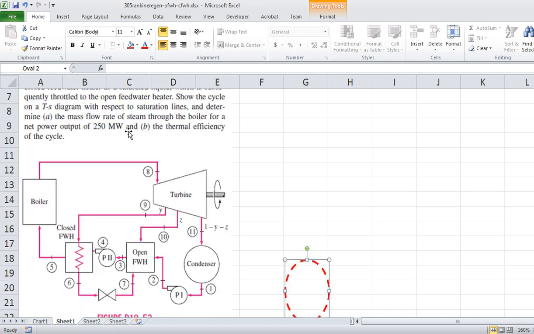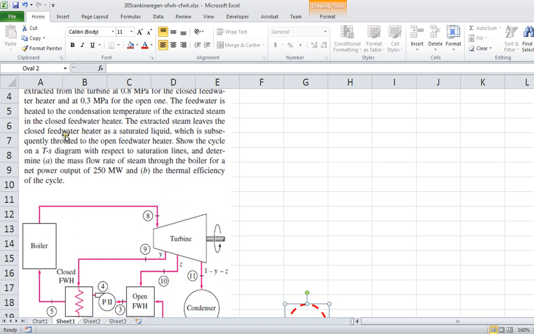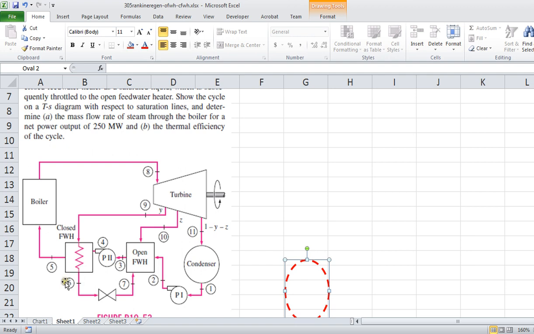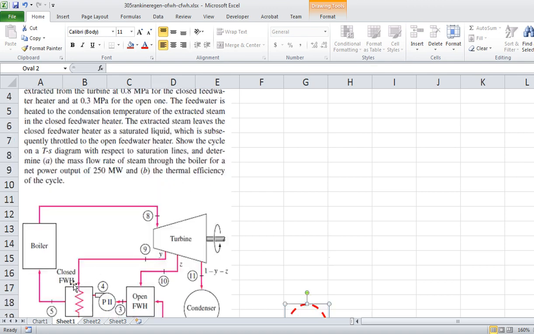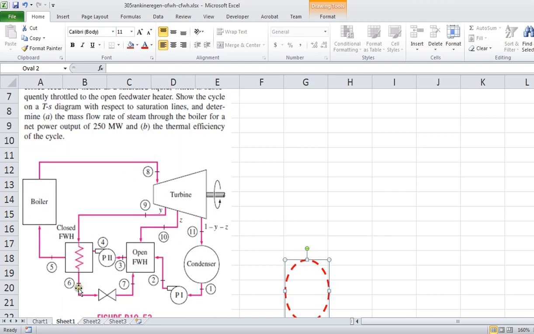Then he says that the extracted steam leaves the closed feedwater heater as saturated liquid. So he's further telling us that the extracted steam leaves the closed feedwater heater as saturated liquid. So he's specifically telling us that state 6 is saturated liquid, and then he says that it is subsequently throttled to the open feedwater heater, and that's what he's showing here, this throttling process 6 to 7.